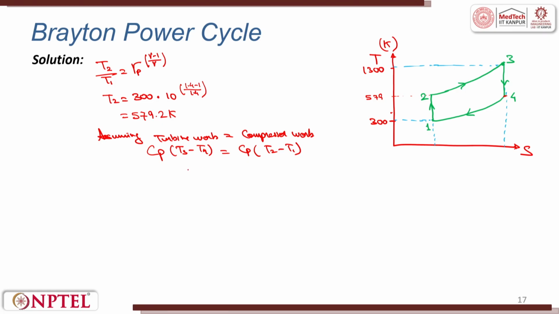This gives me T4 is equal to T3 minus (T2 minus T1). Putting the values, T3 is 1300 Kelvin, T2 is 579.2 just calculated, T1 is 300. I got the value of T4 as 1020.79 K.